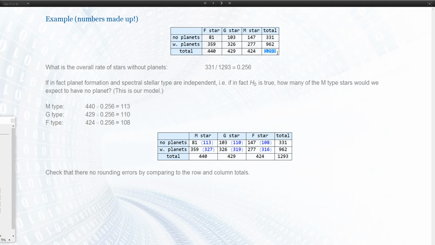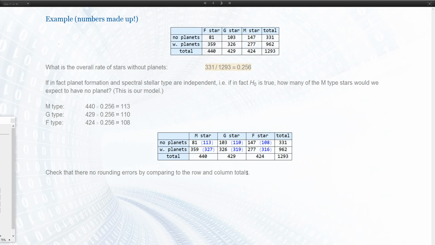That's the chance not to have a planet. And that should then be true for all columns here. Yeah? So this is 25.6%.